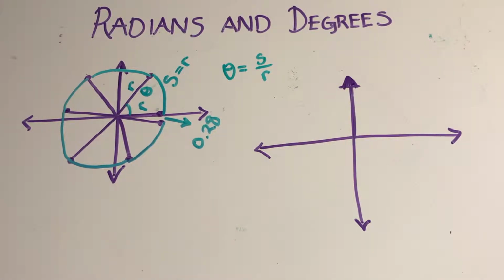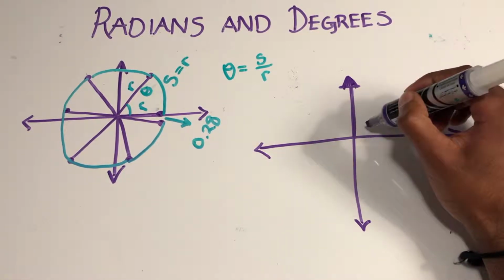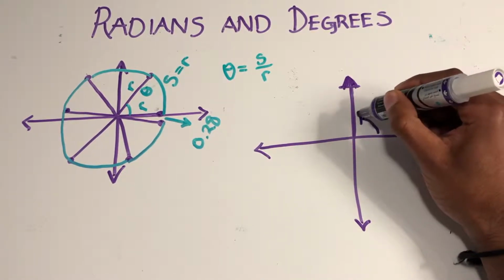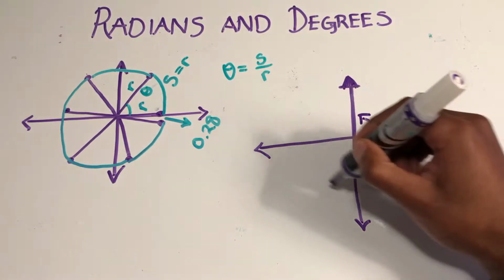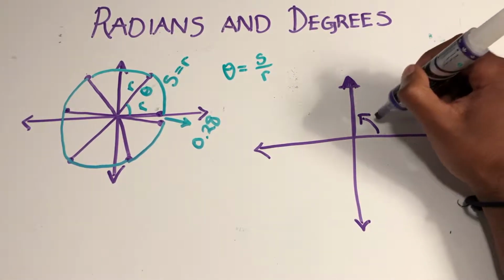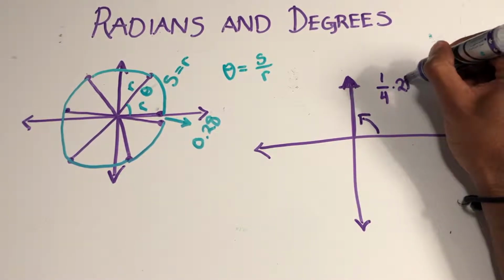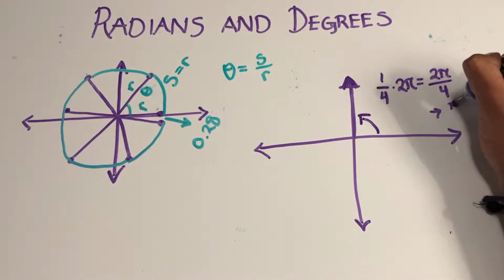So if we went a quarter of the way, just because this graph is divided into 4 sections, and since this whole circle is 2 pi, a quarter of the way times 2 pi is going to give us 2 pi over 4, which is pi over 2.